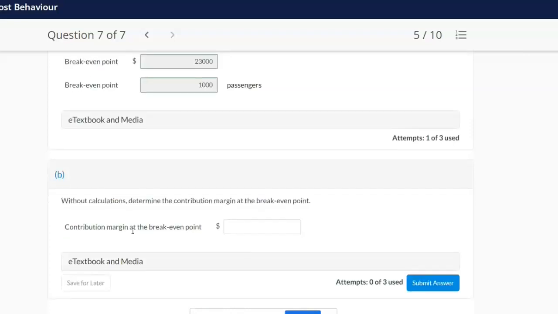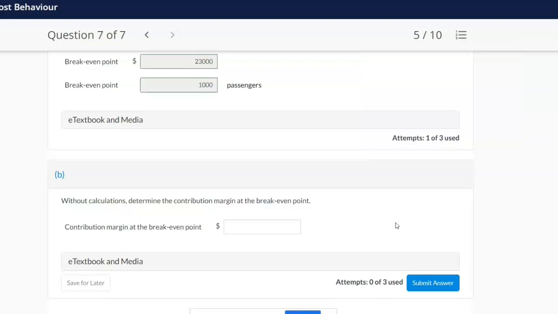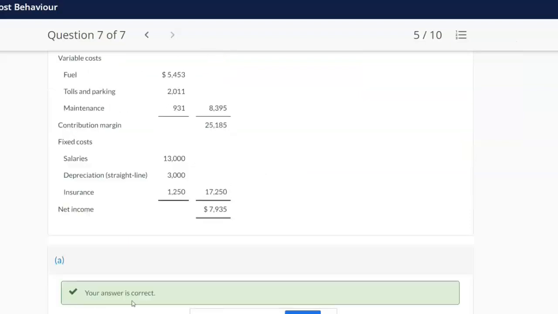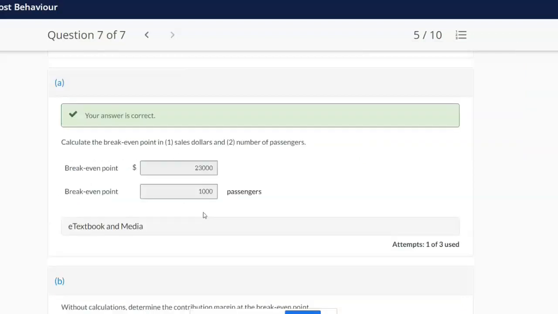What is the contribution margin at the break even point? 23,000. No, never mind. It's simpler than that. Minus 17,250. Okay, look. Remember the slides I did.